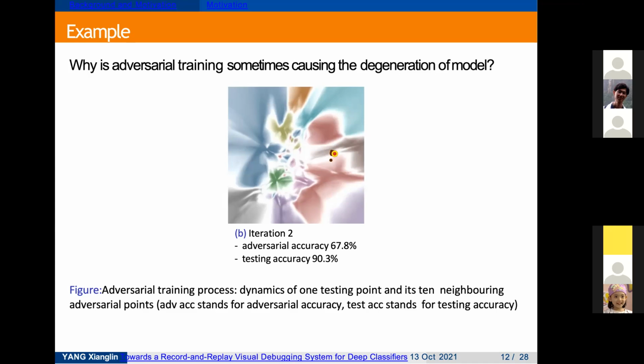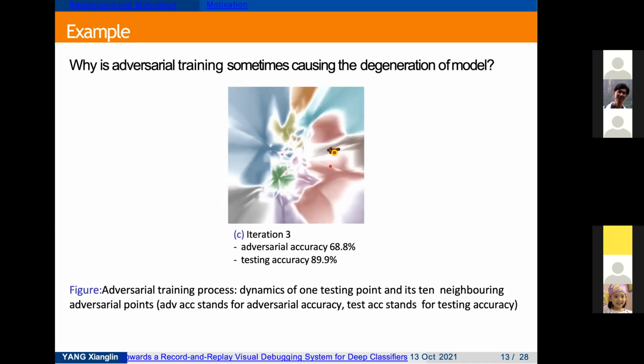And in the meantime, the test sample is being pulled by its surrounding points. And then later, this process ended with the testing sample being wrongly classified, and all the adversarial samples correctly classified. So this tells us why adversarial training could sometimes cause the degeneration of a model.